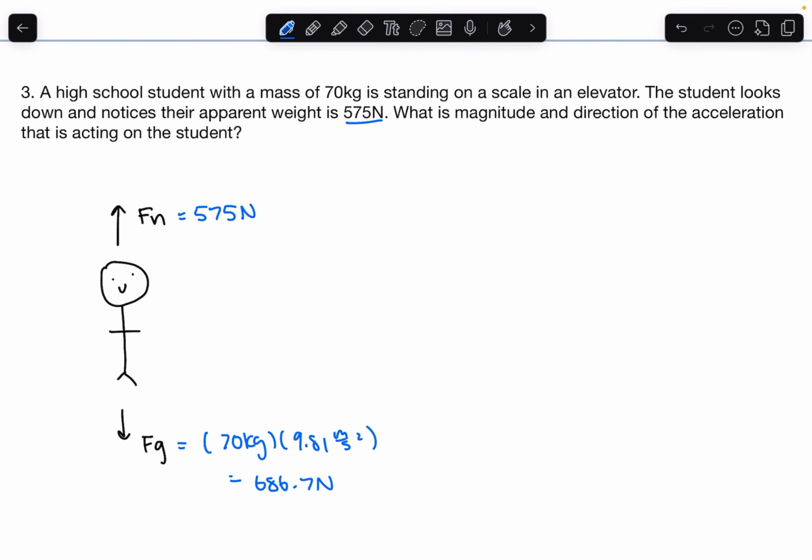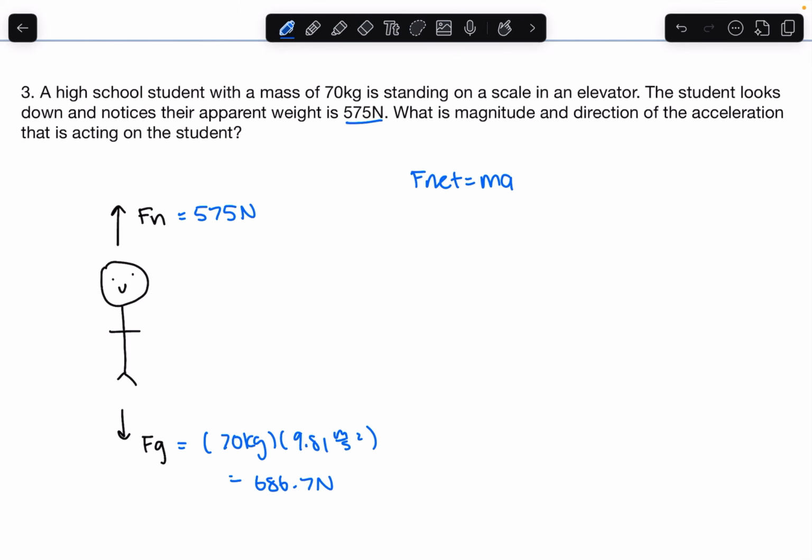So now we have Fn and Fg, but we need to solve for acceleration. And the only way that we can solve for acceleration is through F net equals ma. But we don't have F net yet. So remember, F net, or the net force, is the total forces acting on an object.